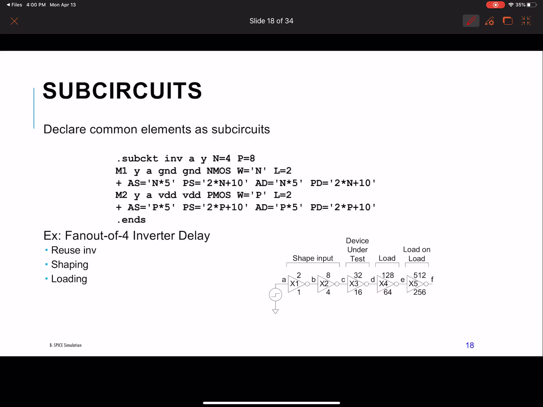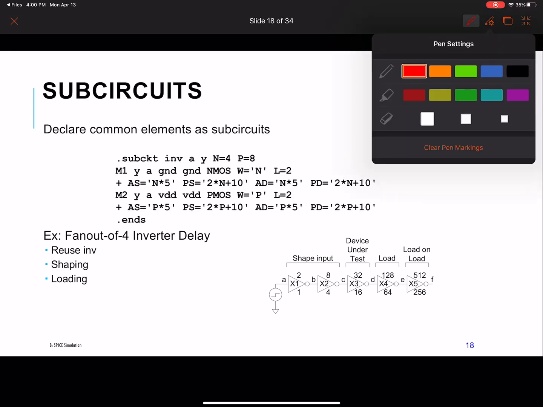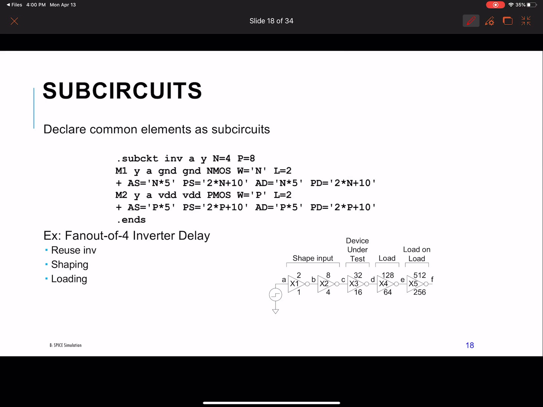Okay. Another nice thing in SPICE is subcircuits. So you can define, say here they've defined an inverter, in a subcircuit statement.